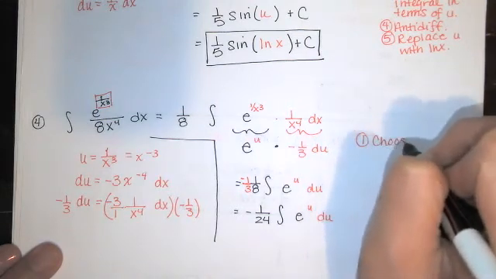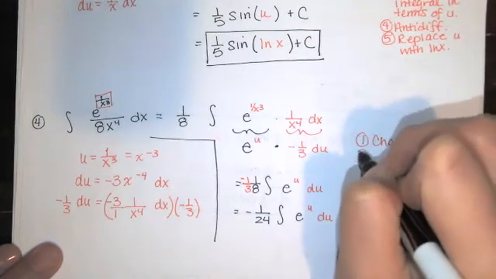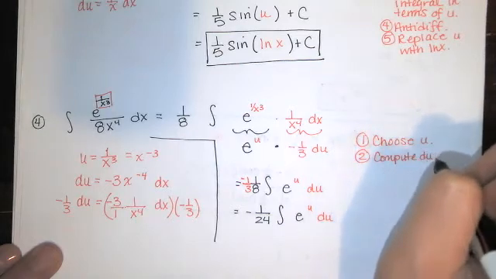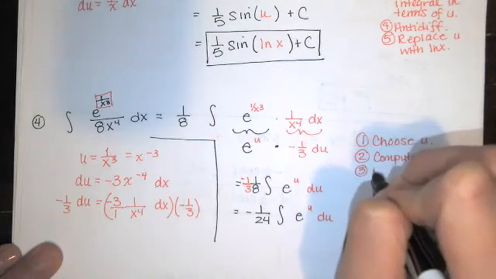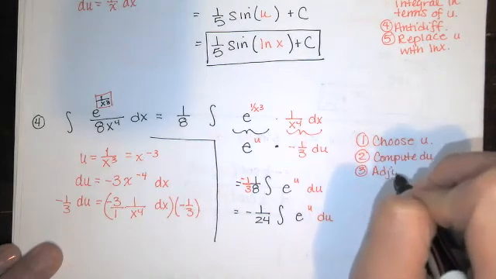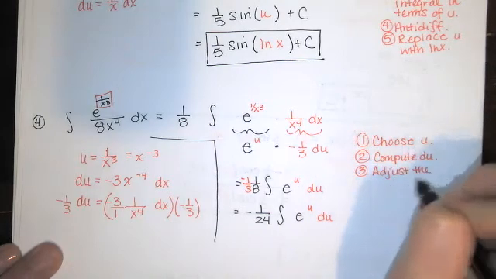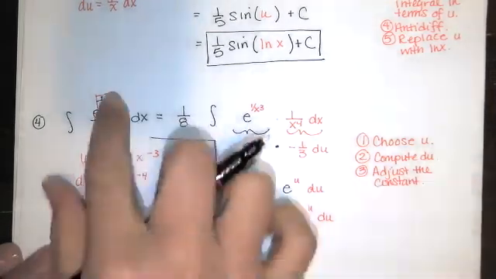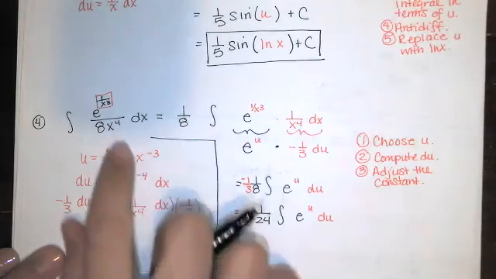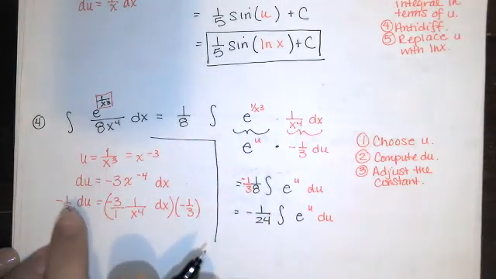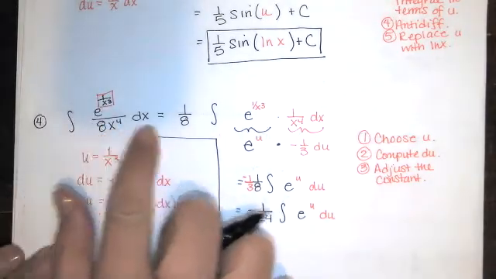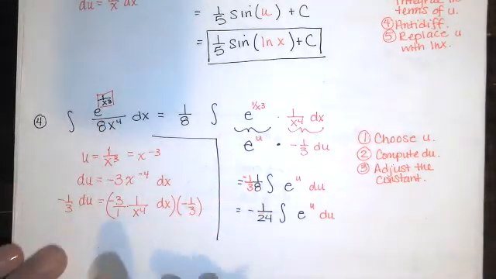Okay, so let's go through the steps. You choose u, compute du. This is not necessary, but I prefer to do it this way. I adjust the constants, because the goal is just to substitute everything, to replace everything. Now, if I could easily multiply this by a number and get 1 over 8x to the 4th dx, I probably would.